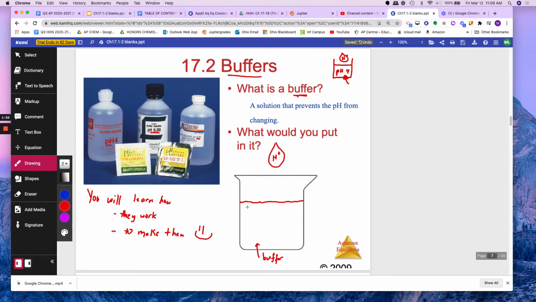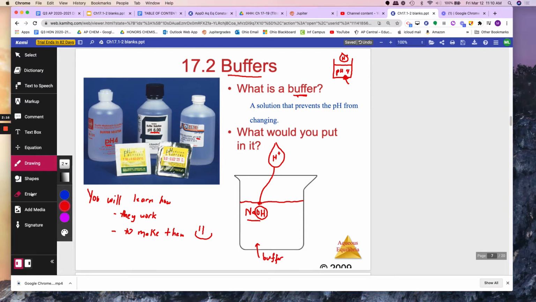Sure, I would put some NaOH in there. NaOH makes Na+ and OH-, and the H+ will react with OH- and turn into water, so it's no more. So you can put NaOH in your buffer.